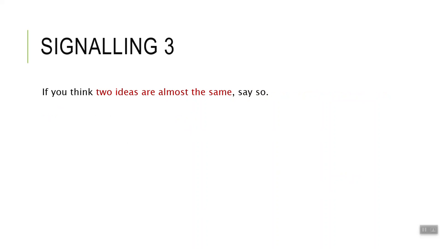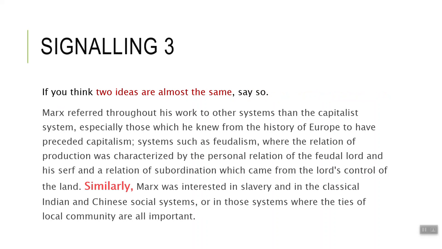Next one. If you think two ideas are almost the same, then just say it. Why is there a mystery to it? So similarly, similar, and on a similar level, there are many ways to express yourself.